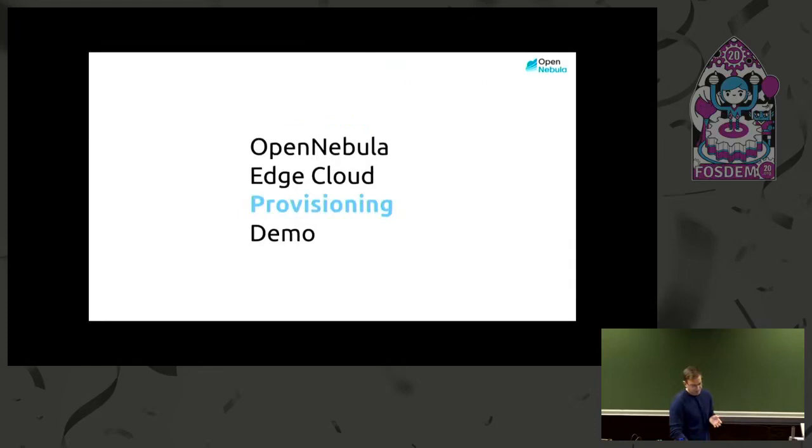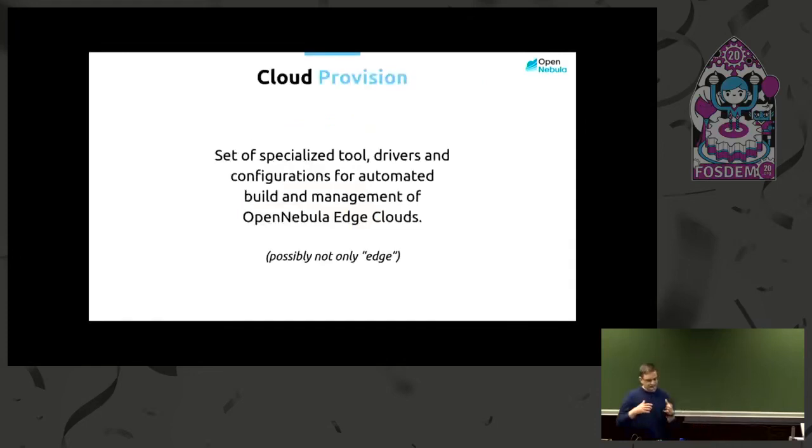Now about the provisioning, and how we build these clouds. OpenNebula comes with a set of specialized tools, drivers, and configurations, which simply talk to the providers and build the whole cloud, just like with a single command run.